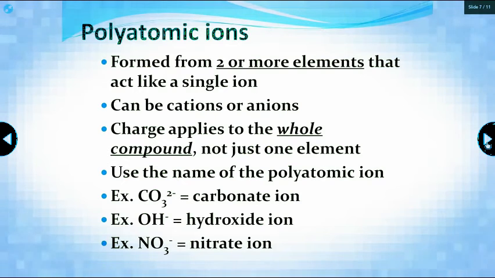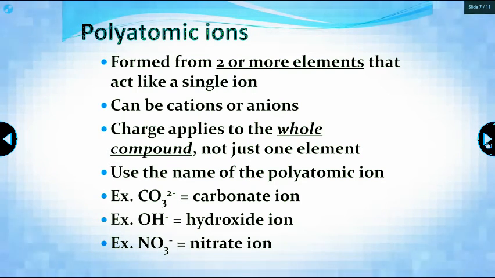Then polyatomic ions, also located on the back of your periodic table. The polyatomic ions act as one, and it's formed when you have 2 or more elements that combine together. They're covalently bonded together, and they form and act as a single ion. They could be cations or anions. Most of them are anions. Most of them are negative.